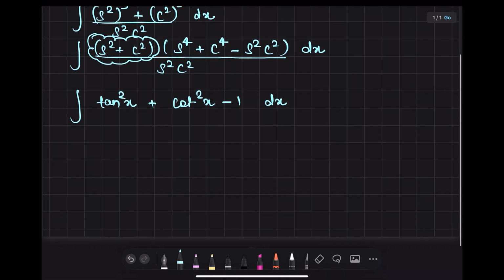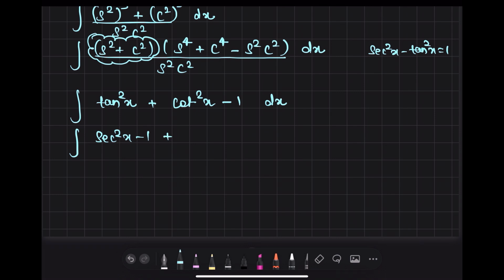You know that we haven't studied the integration of tan^2 x. So what will we do? We will apply some different manipulation. Do you remember that we have sec^2 x minus tan^2 x equals 1. So we will use the value of tan^2 x as sec^2 x minus 1, and we know the integration of sec^2 x is tan x.